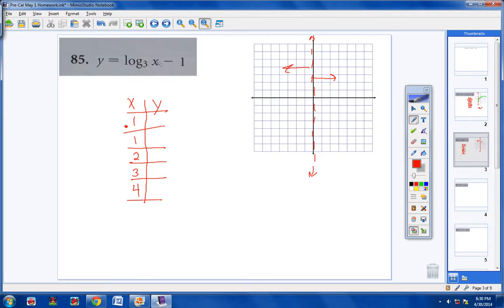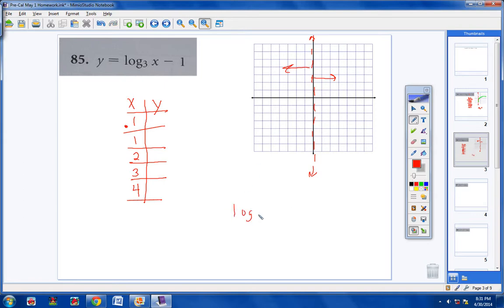Now if I put in a 0.1 right here, remember the first thing you're going to do is this. You're going to take the logarithm base 3 of 0.1. So in other words, I'm going to hit log 0.1, enter, divided by log of 3, enter, and then hit -1. In other words, it'll look like this.